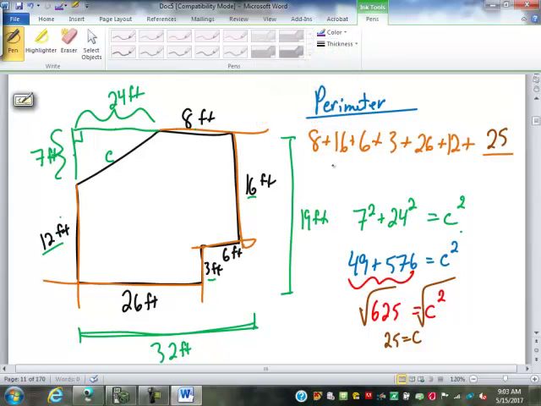So if I add those all up, I got 8, 24, 30, 33, 59, 71, 96 is my perimeter. So a perimeter of 96 feet. Is that familiar? Look correct? Any questions on the perimeter?